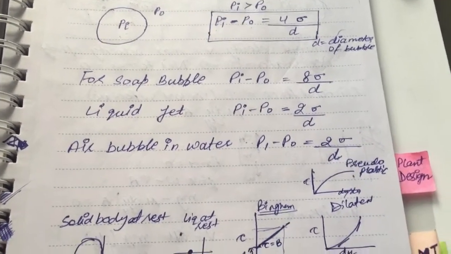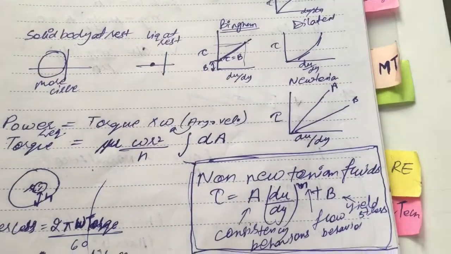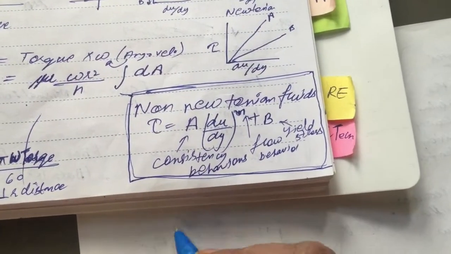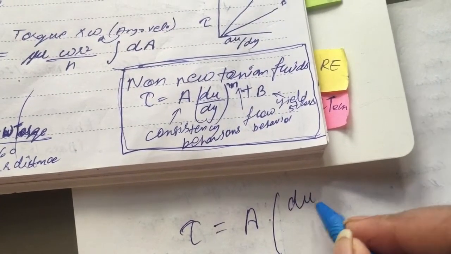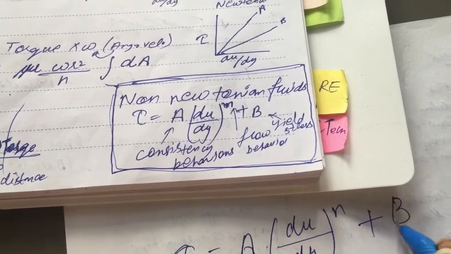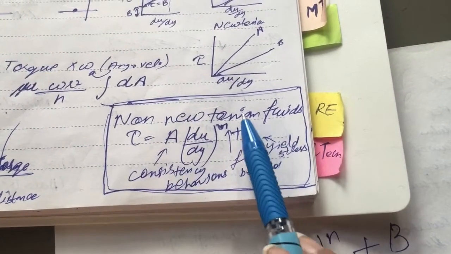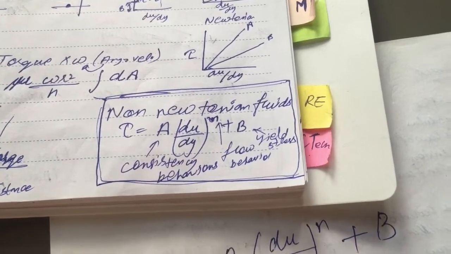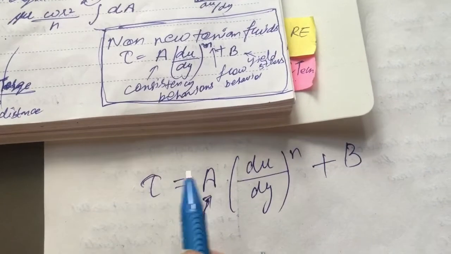Then we have the concept of non-Newtonian fluids. For non-Newtonian fluids, we have this formula: tau is equal to A into (du by dy) to the power n plus b. A is our consistency behavior, n is our flow behavior, b is our yield stress. Okay, and this is our equation for non-Newtonian fluids.